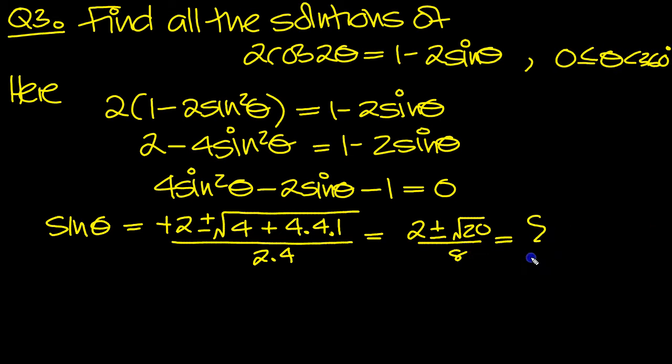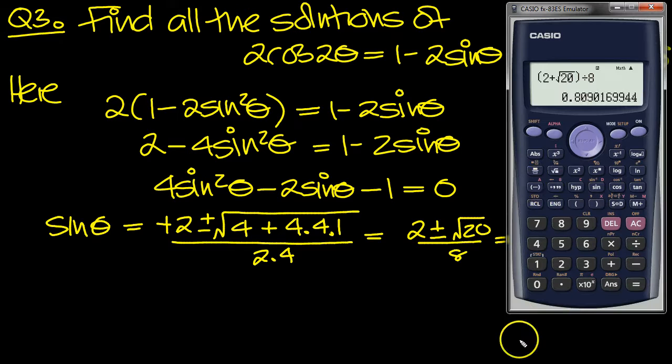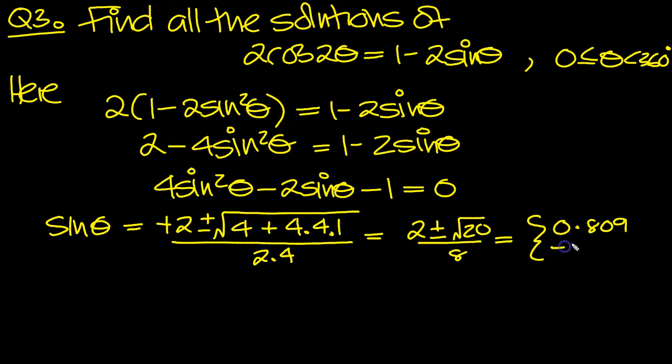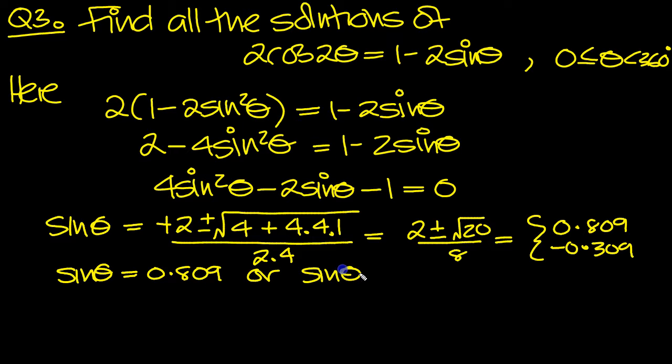So it's equal to 0.809, and let's work out the other value. The other value will be 2 minus root 20, divided by 8. So just change that to a minus. And it's minus 0.309 to 3 decimal places. So sin θ is equal to 0.809, or sin θ is equal to minus 0.309.